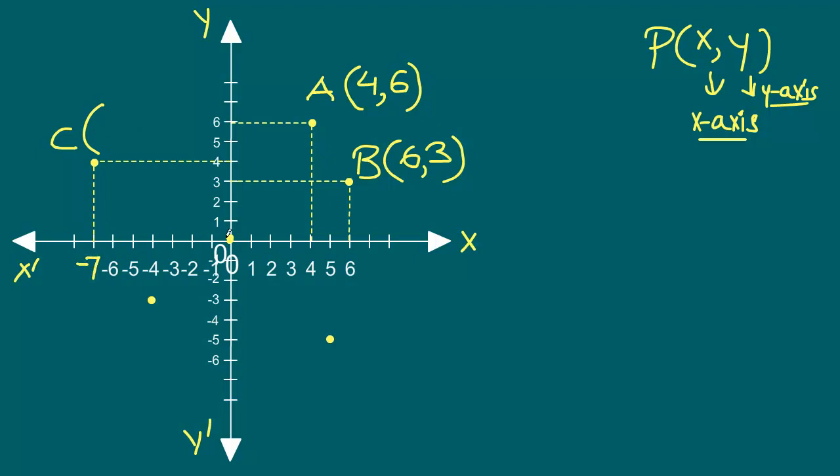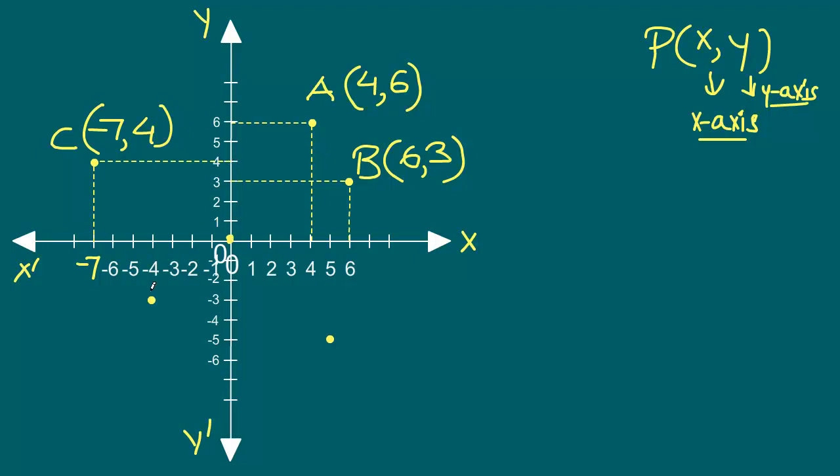Remember, on this side, which is OX dash, this is the negative direction of x. So we write -7 over here. And then next is how much along the y-axis, which is over here, that will be +4. Right?